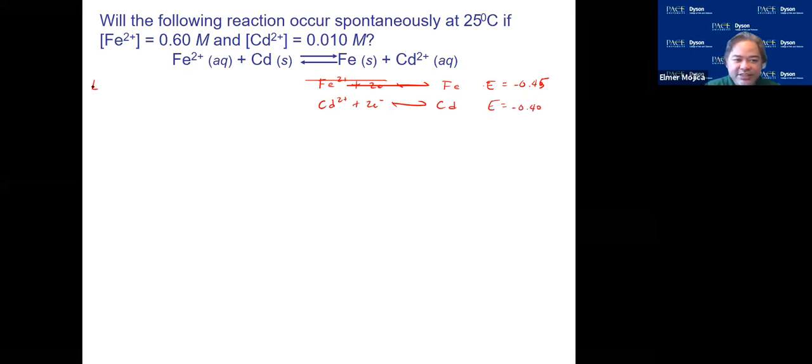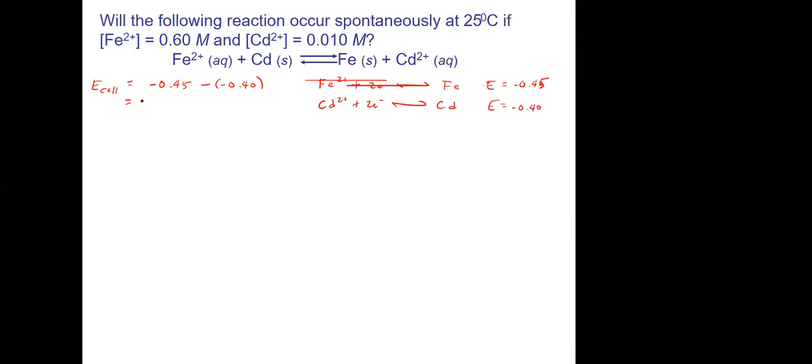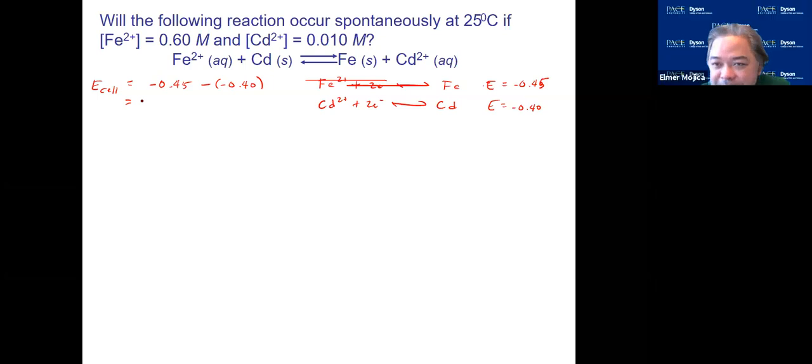So how do we get the E cell here? Is it like this, or the other way around? It's the other way around. How about the others? Is it the one that I wrote or do I have to reverse the two? Remember, as I've told you, the cathode and the anode is given there.